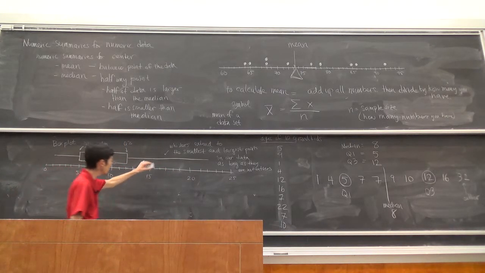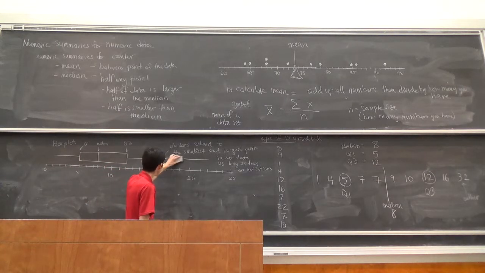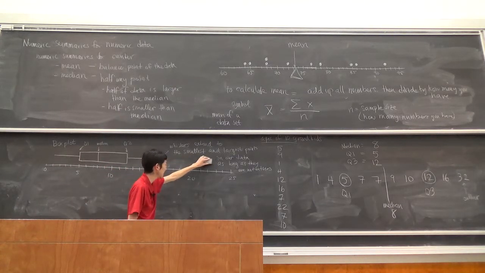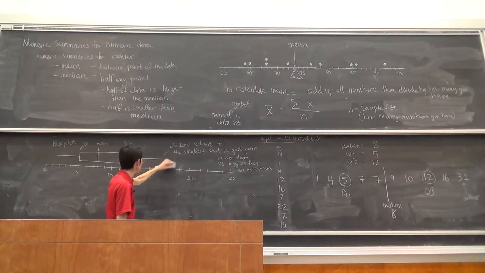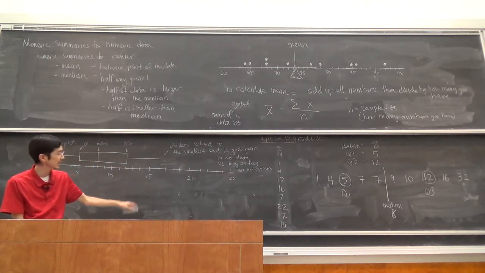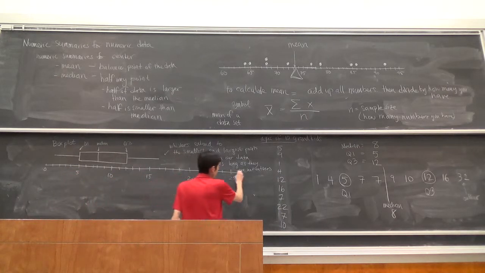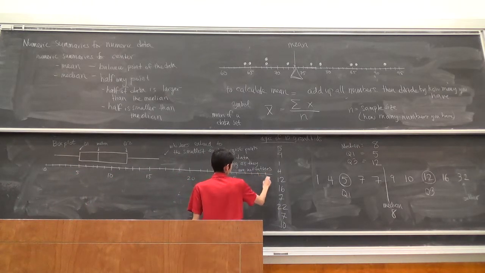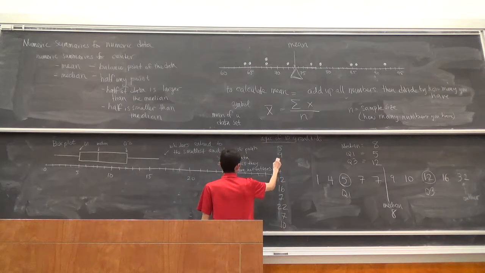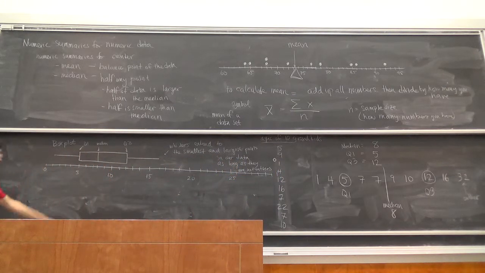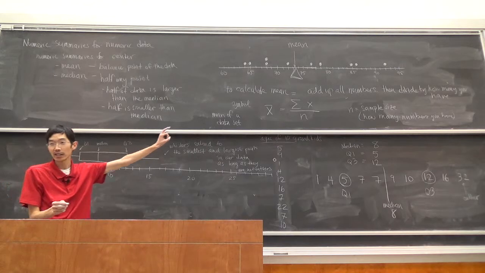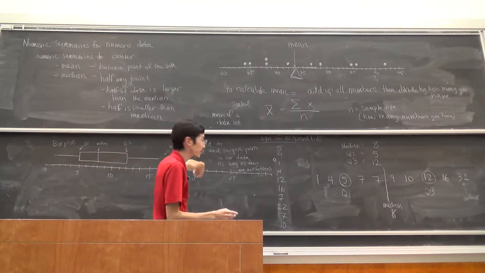It would go up to 16, because that's the largest data point in my data set that's not an outlier. So my whisker would go up to 16, and 32 would be represented with a circle. My box plot's getting all messed up here, but basically, if it's an outlier, it gets represented with a dot, and it's not attached to the whisker.